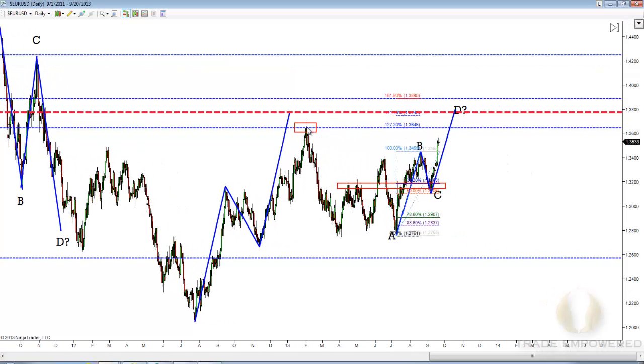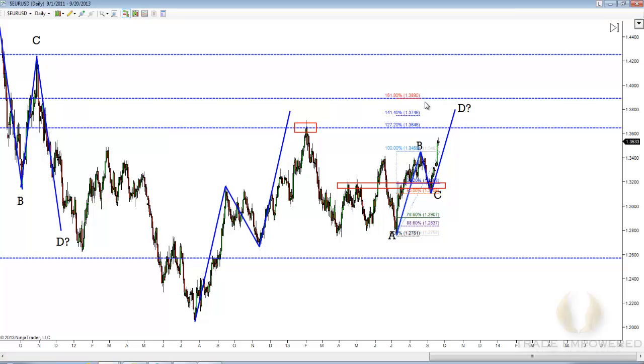The first is this 127, because this is where recent structure comes in. If I don't get an entry signal at this zone, I'll look for my next zone, which is going to be my ABCD pattern completion at this 1414 Fibonacci extension. Lastly, if I don't get an entry signal at this point, I'll look for my 1618 Fibonacci extension as sort of my last chance area.